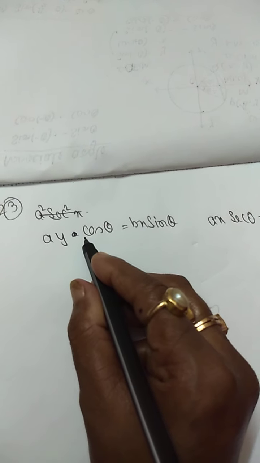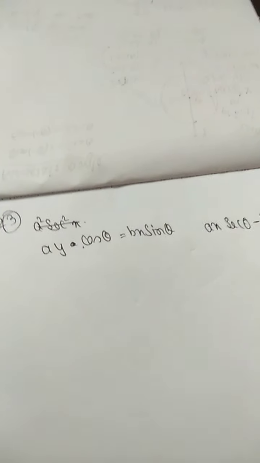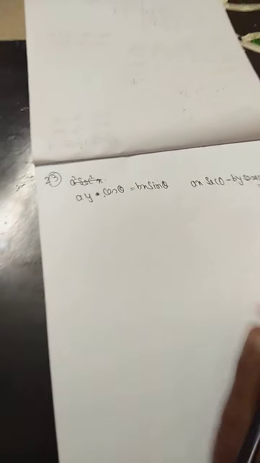So from this part we have to show that x square by a square plus y square by b square is equal to 1.